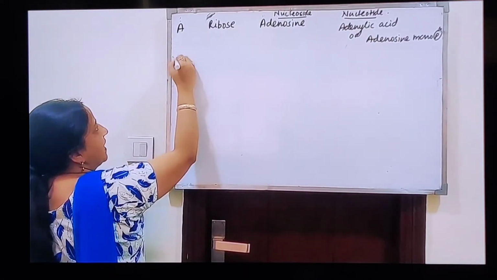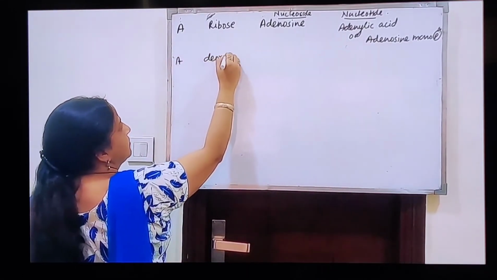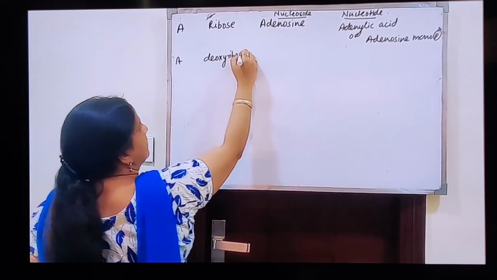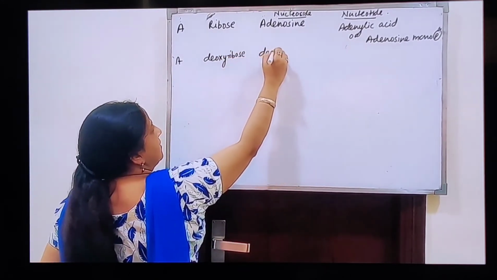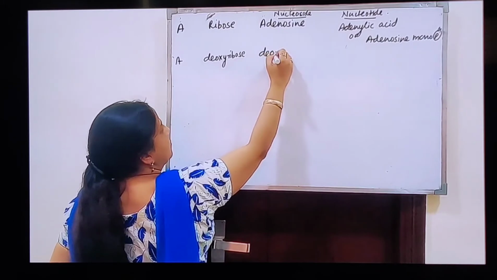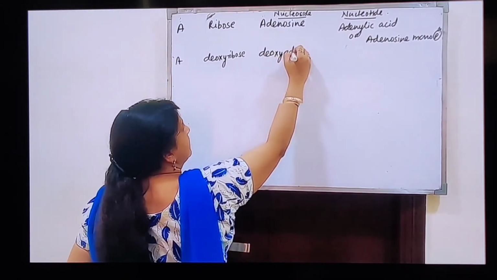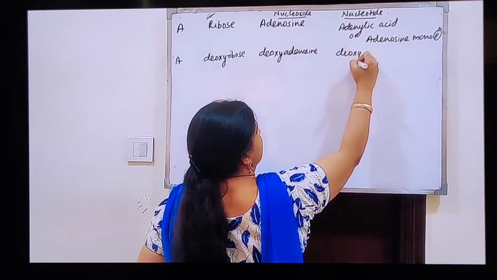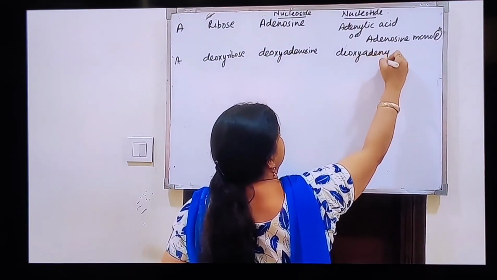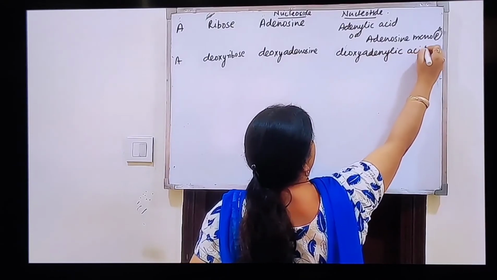If I take adenine and the sugar is deoxyribose, then deoxyadenylic acid will be the name of the nucleotide.